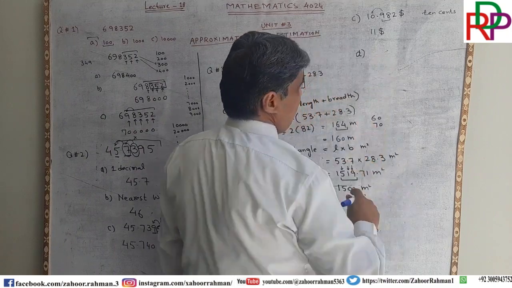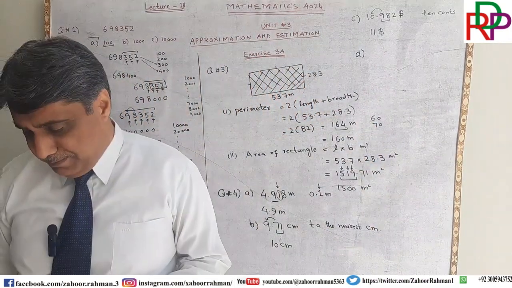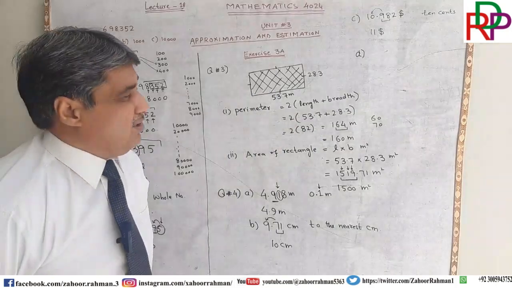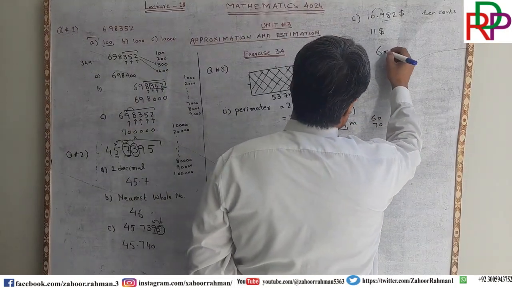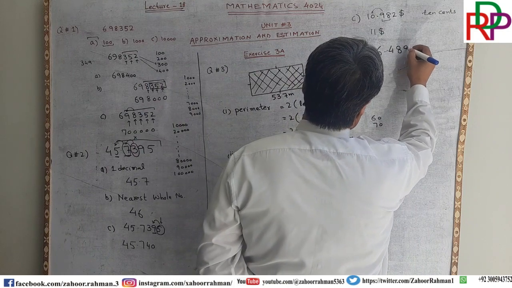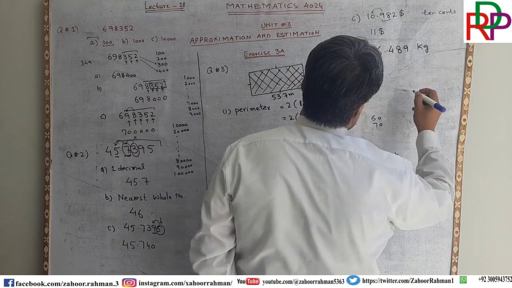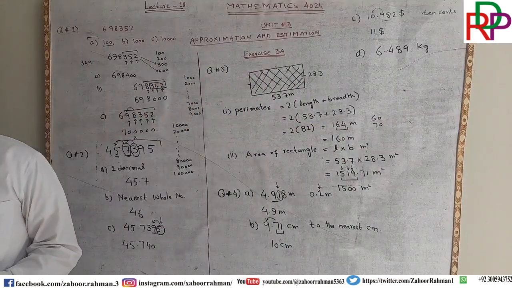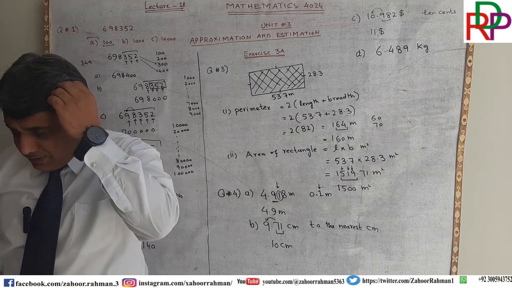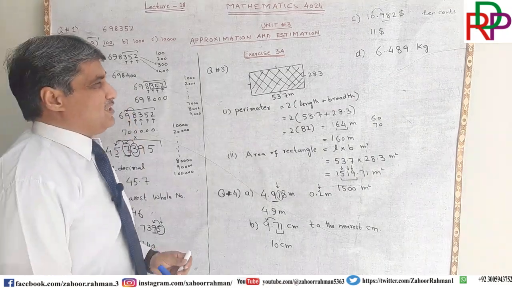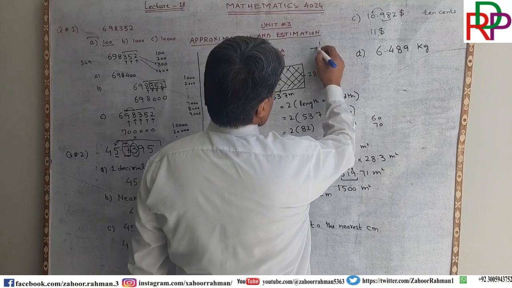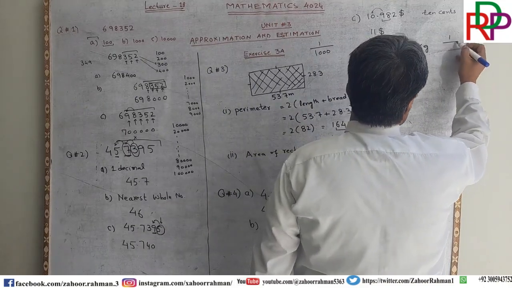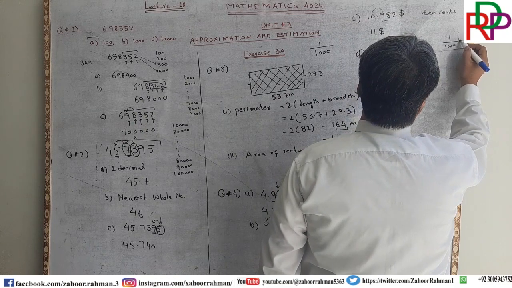Okay, now we have the D part, and the D part has 6.489 kilogram. We have to round it off to the nearest 1 over 1000. Here I am writing 1 over 1000 kilogram.